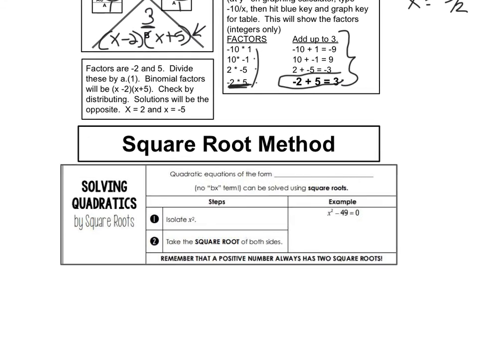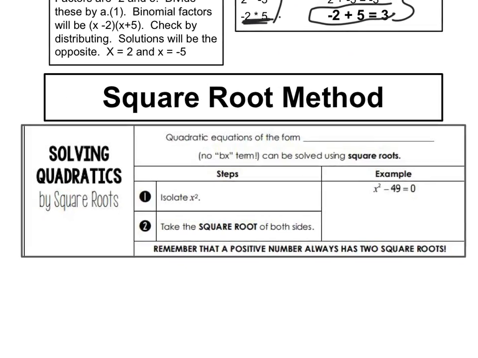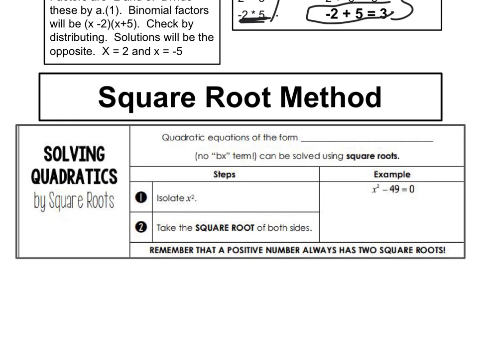Square root method. Square root method is usually used when there's no b.